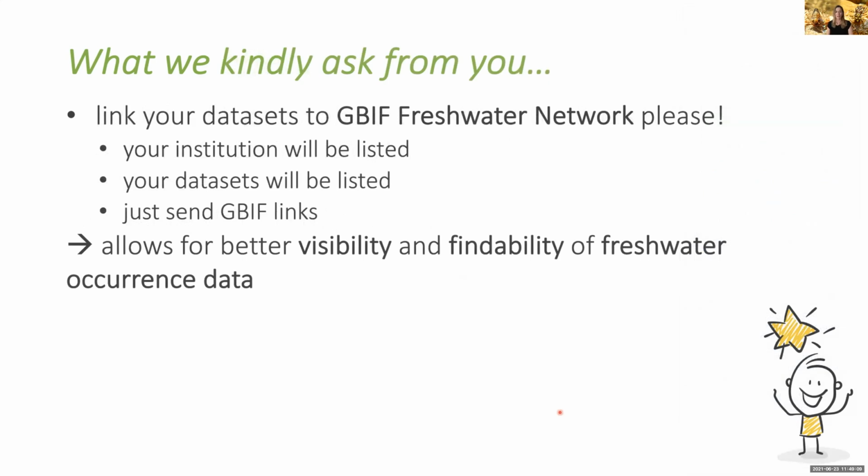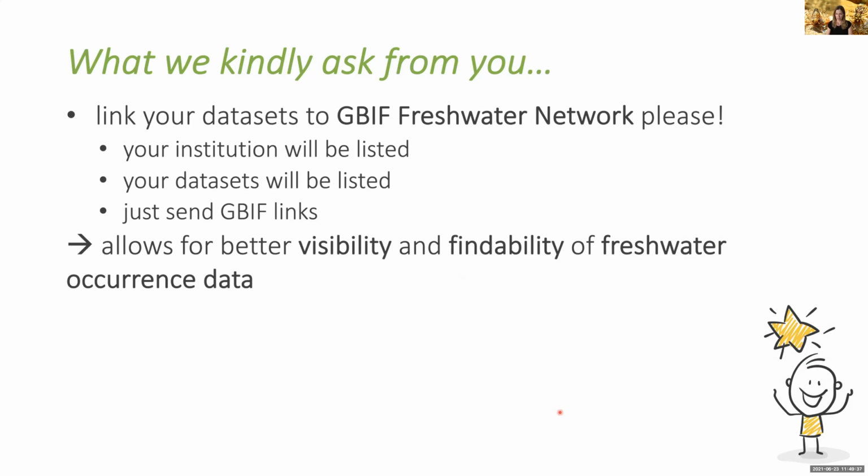And now we come to the part of what I kindly ask from you. I would really want to improve the GBIF Freshwater Network website. So I would ask you, if you have published data sets through GBIF already, to send me the links to these data sets so that I can link them to the Freshwater Network. Your institution will then be listed and your data sets will be listed.